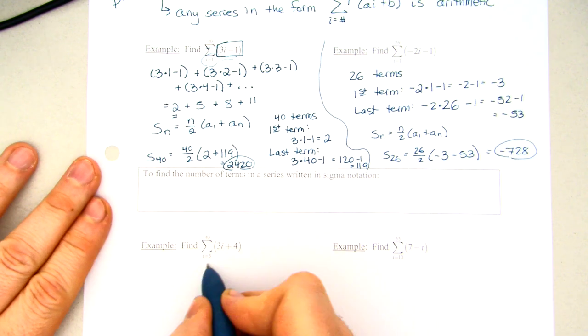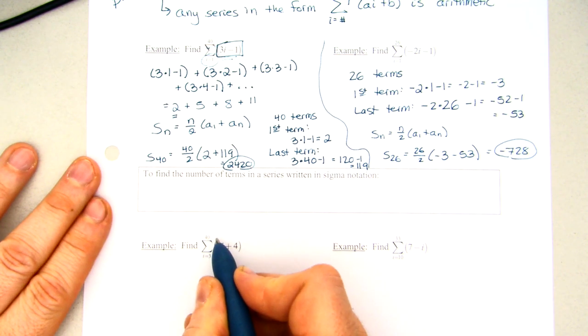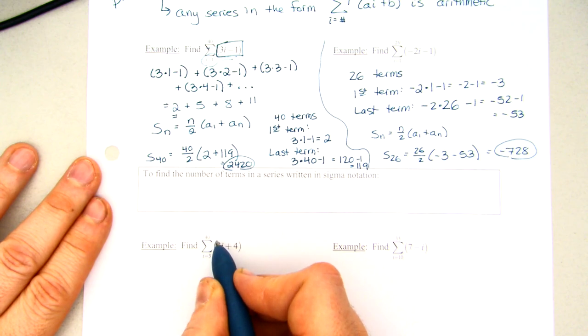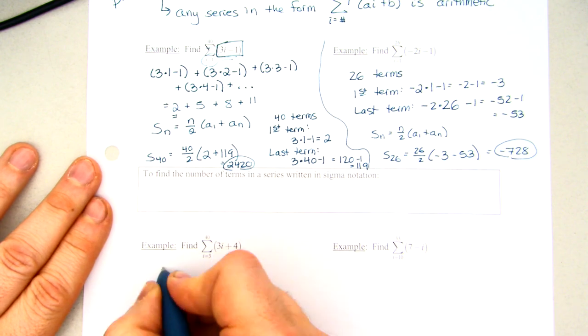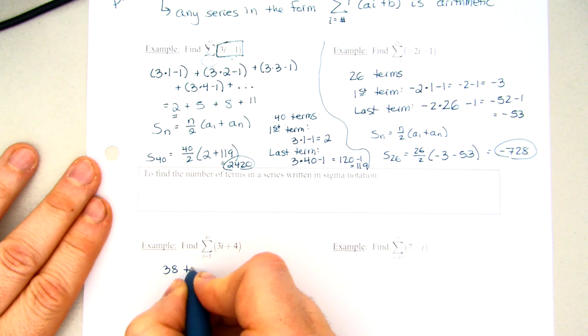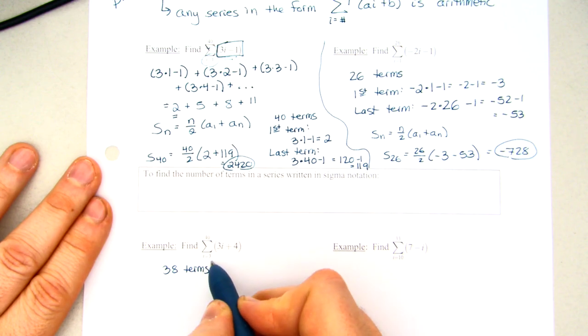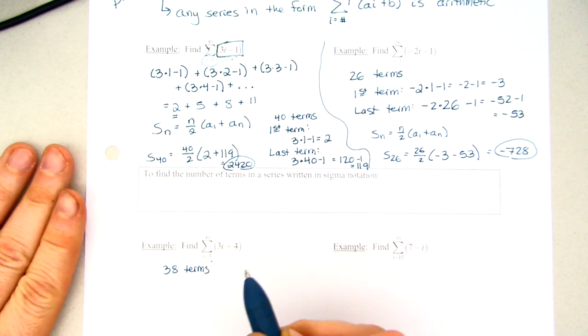Here's why. If I was going from 1 to 40, I'd have 40 terms, right? Well, if I was going from 2 to 40, that would be 39 terms. So 3 to 40 is 38 terms. I have 38 terms over here. The problem is if you just subtract 40 minus 3, you're not really counting that bottom term at all.